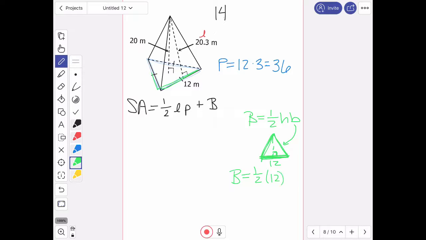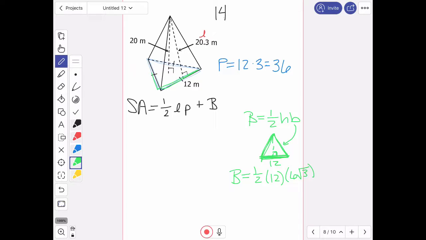And then now to figure out my height. Figuring out the height is kind of weird in this one. And I'm actually just going to give it to you because it involves some special triangles that we don't really remember. So the height of this triangle is 6 radical 3.